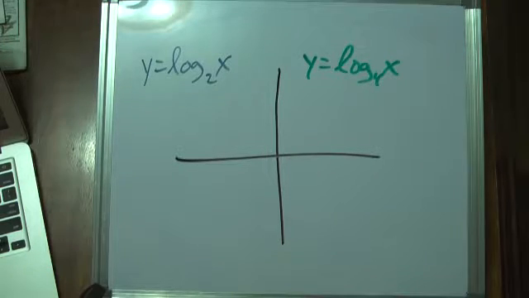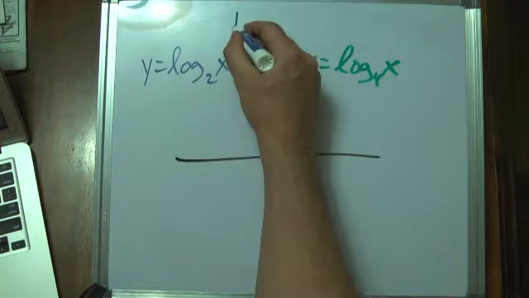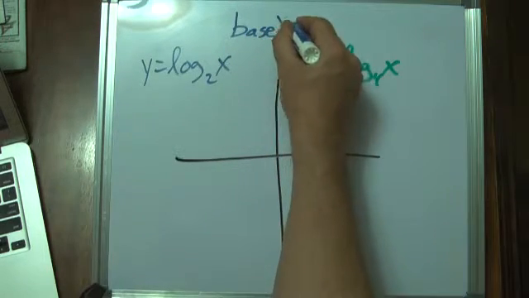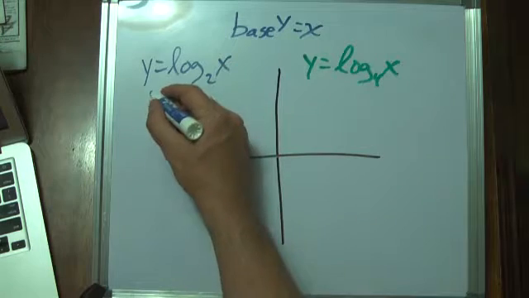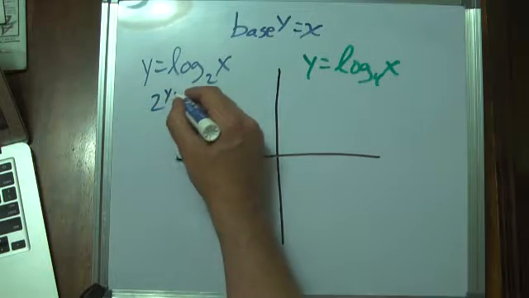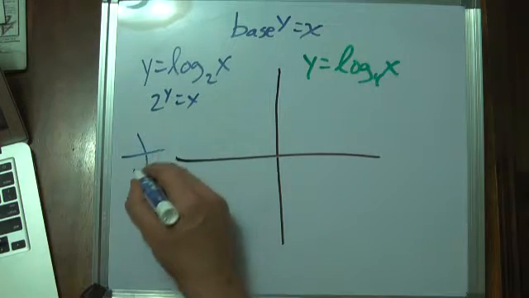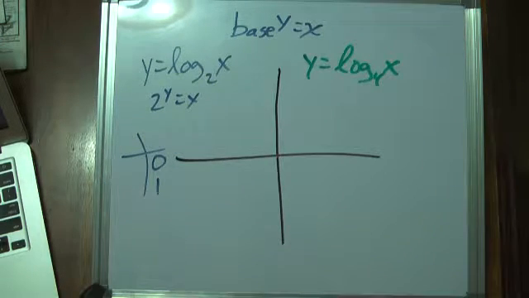How do you graph logarithmic functions? Well, remember, base to the y power equals x. So I'm going to rewrite this one as 2 to the y power equals x. Plug 0 and 1 in for the y value and solve for x.